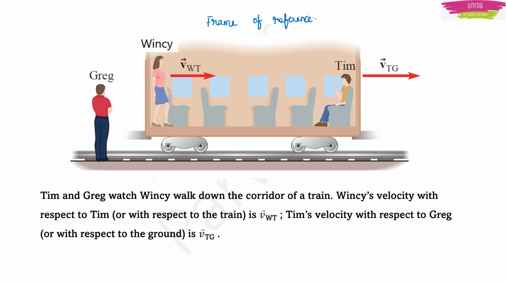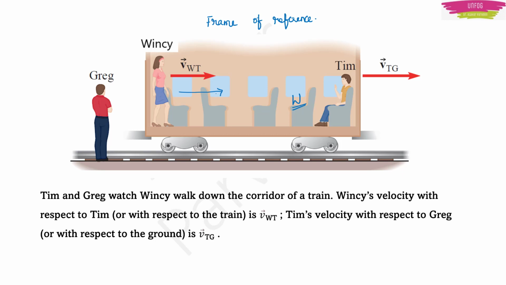Now Vincy entered the train and started walking in the corridor of the train to reach her chair. Now her chair is this. She wants to sit here. She came into the train and she is moving like this. Now, see from the perspective of Tim and Greg.